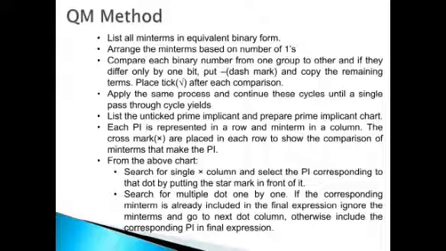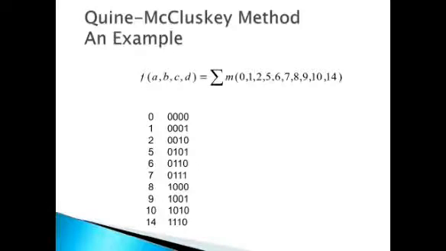If the corresponding minterm is already included in the final expression, then we will ignore that minterm and go to the next dot, and we will do it for the corresponding PI for the final expression or the minimized expression.